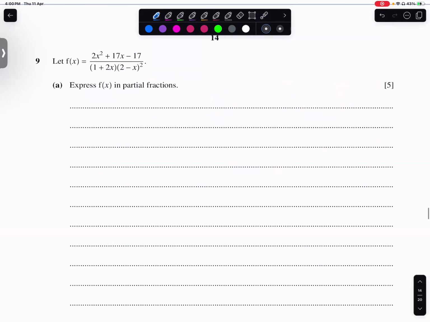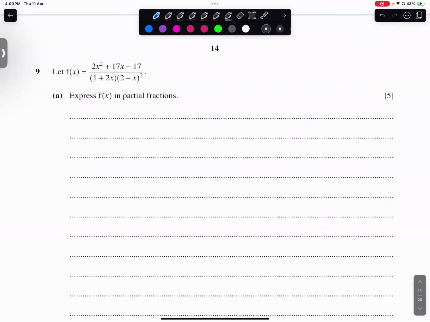So the next question is from partial fractions, and this is case 2.